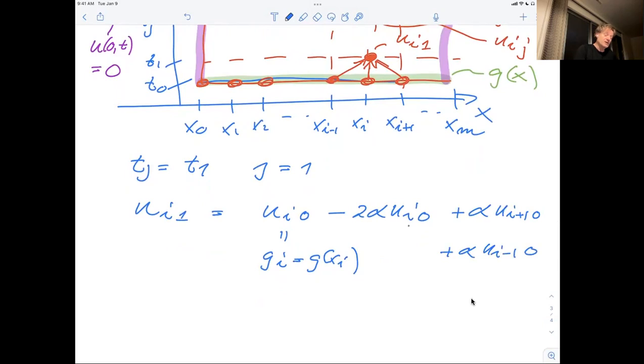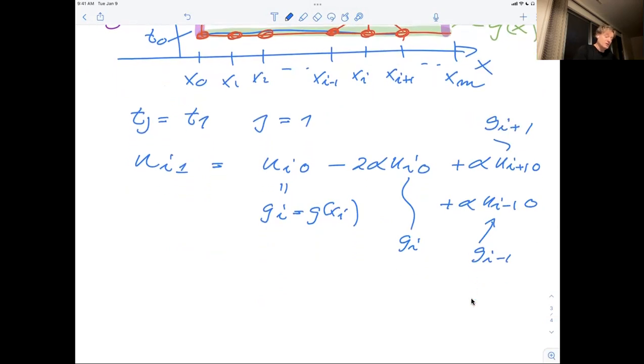And all these functions here, this is again given by g of I, this is given by g of I minus 1, and this is given by g of I plus 1. But we have to pay attention that when I is equal to 0 and I is equal to n, then we have to put in the boundary conditions. Then use boundary conditions.